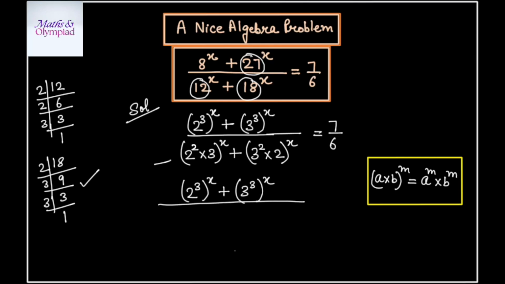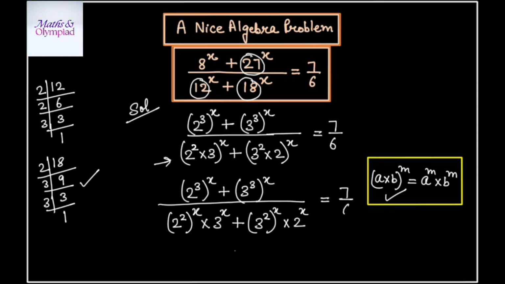Now in the denominator we can use this property. So we can write (2^2)^x times 3^x plus (3^2)^x times 2^x equal to 7 over 6.